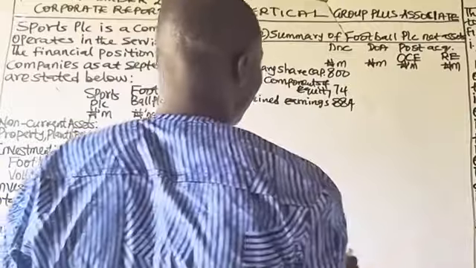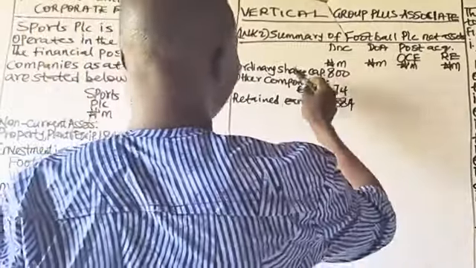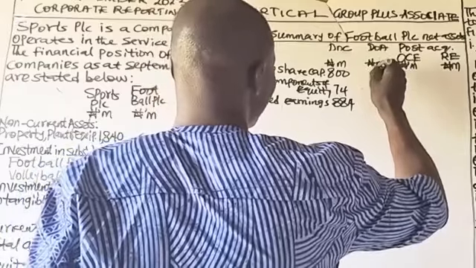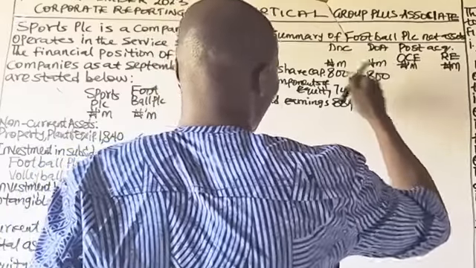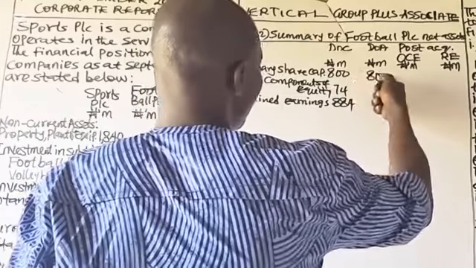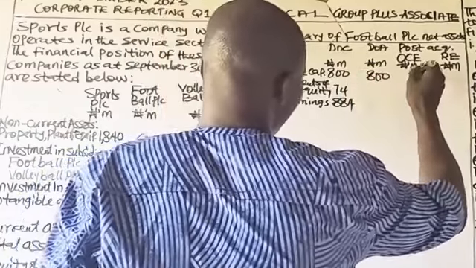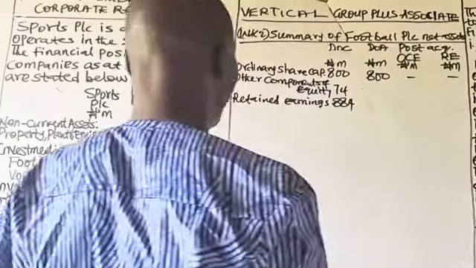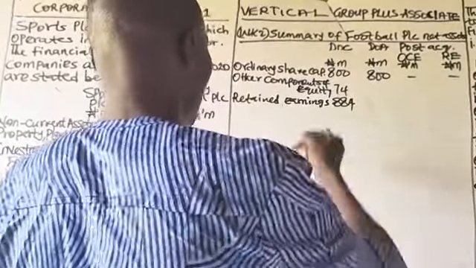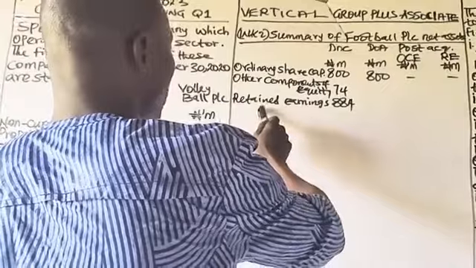The ordinary shares in the DOA column will still be 800. Whatever you have in DOC is what we will have in the DOA. So we are left with other components of equity and retained earnings.